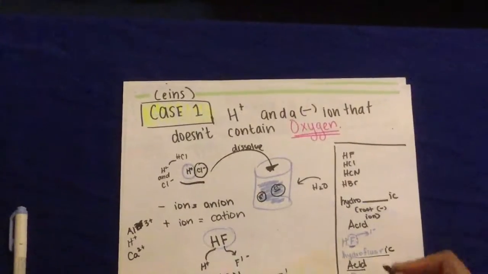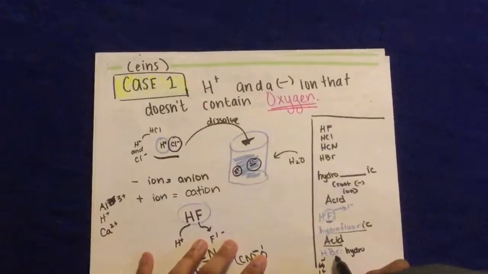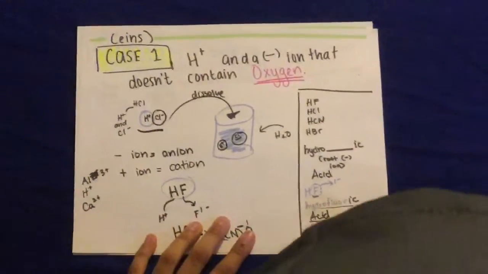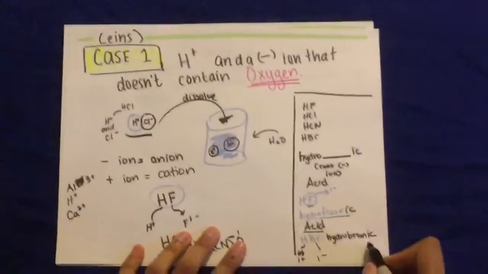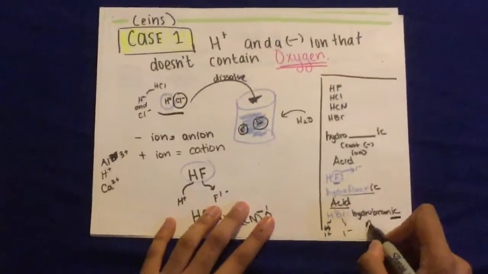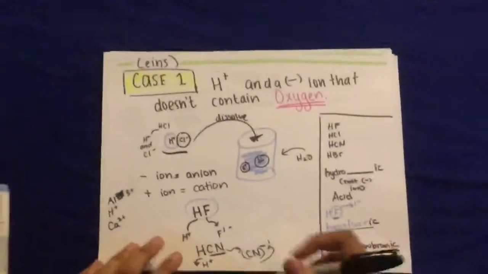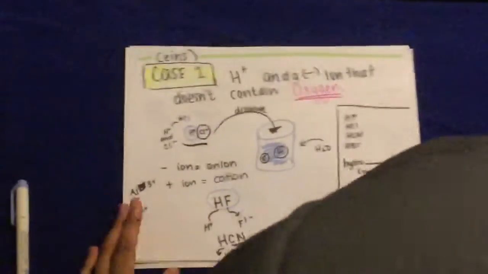And so you have to write your hydro in, and then the root of the negative ion, which the root of bromine is brom, and then write ic at the end. And then just write acid so that people know that it's an acid, hydrobromic acid. We're done with the first case. We can tear this paper up, burn it, whatever, you know it now, hopefully.